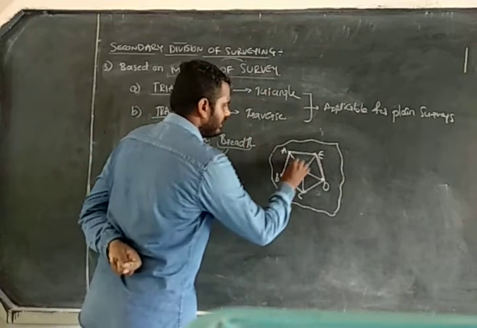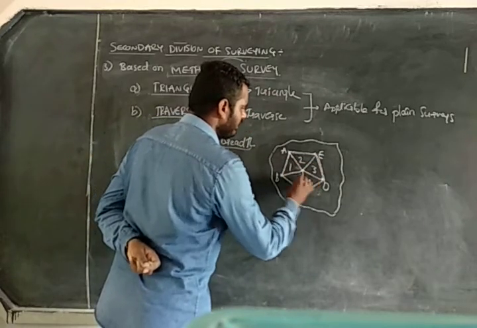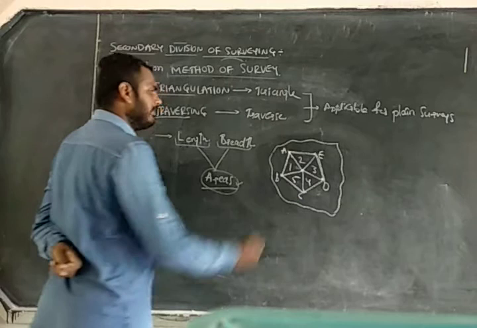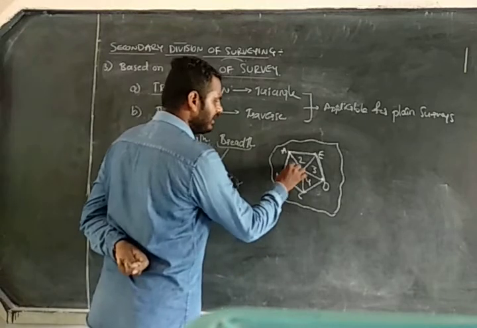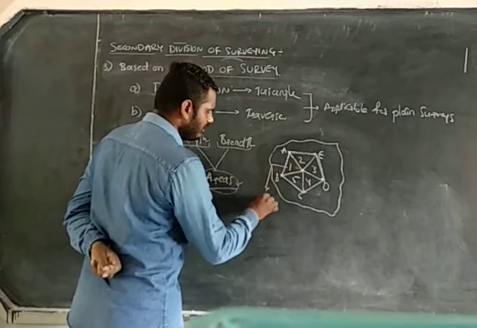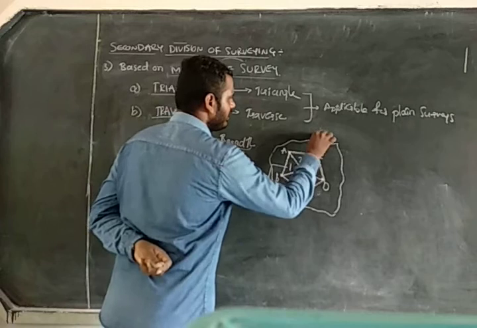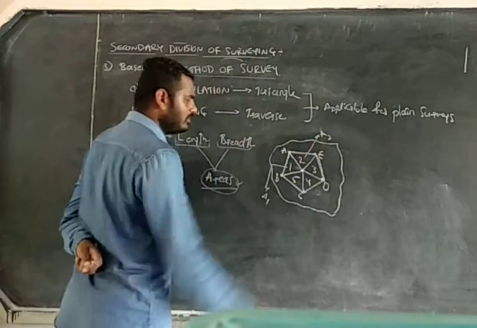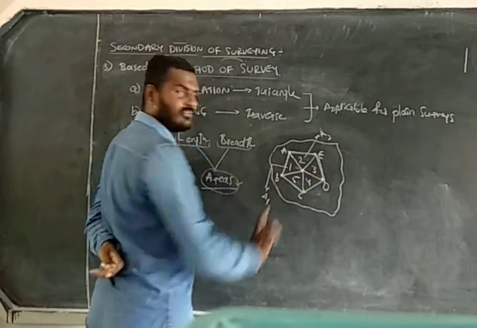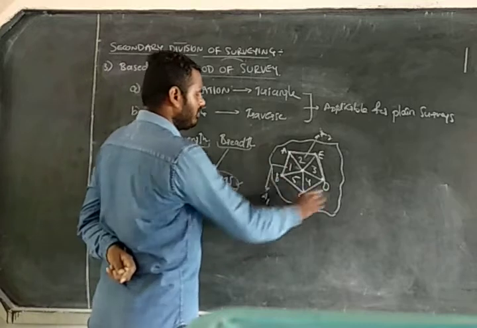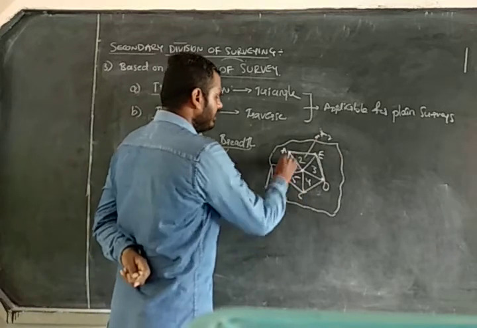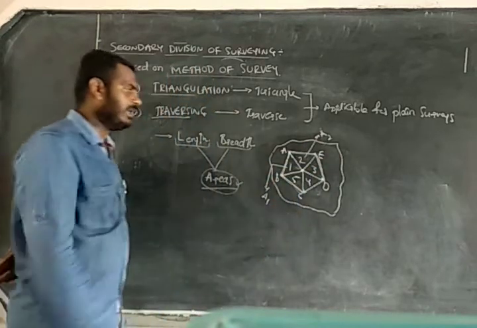Okay. So first triangle, second triangle, third triangle, fourth triangle and fifth triangle. By calculating the area of the first triangle, let us take this as A1. Likewise the area of the second triangle, A2. Likewise A3, A4 and A5. Okay. So the summation of all these areas will give you the area of your particular plot A, B, C, D, E.